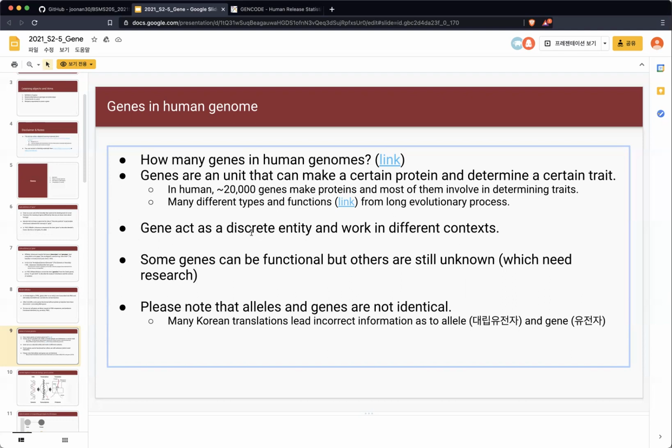One interesting part is that genes have many different types and functions from a long evolutionary process. Genes carry implications about how human beings and many biological organisms have faced the evolutionary process over a long history, and genes carry the signature of those processes, which is quite interesting.